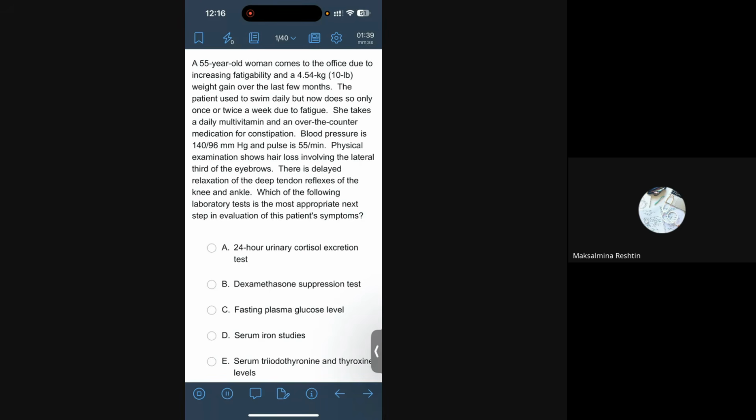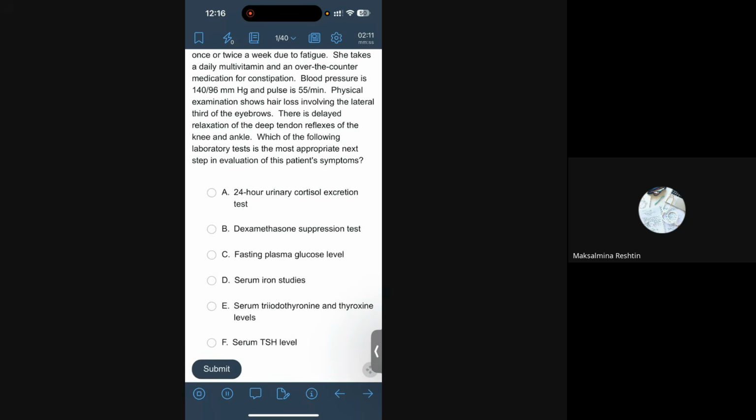And constipation. Hair loss involving the lateral third of the eyebrows, delayed relaxation of the deep tendon reflexes. Diagnosis: delayed relaxation of deep tendon reflexes, hair loss involving the lateral third of the eyebrows, constipation, fatigue, and weight gain.